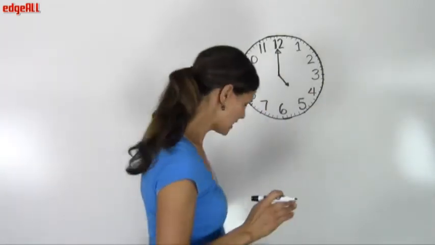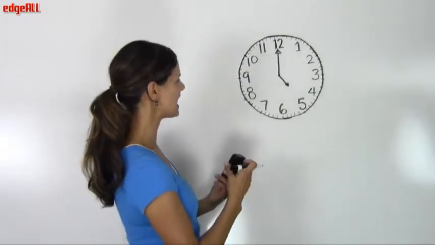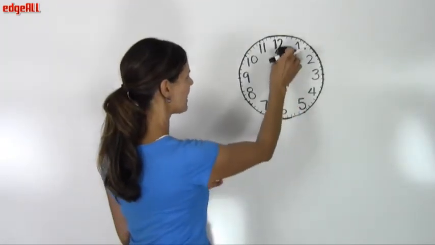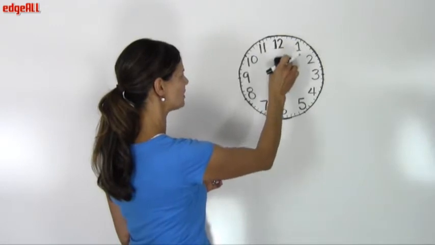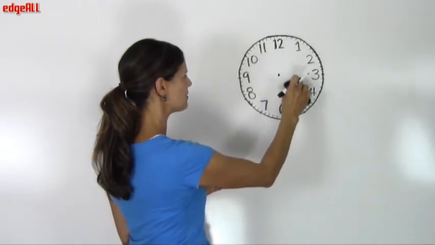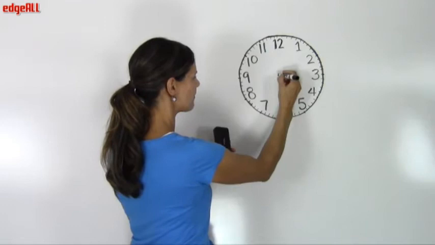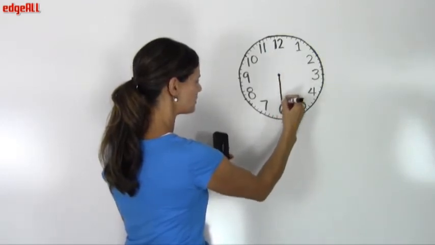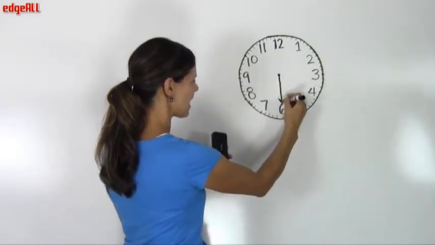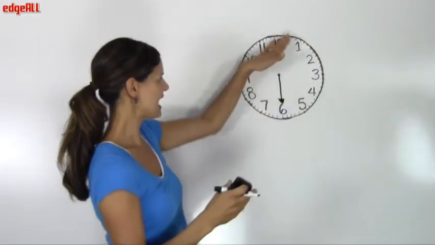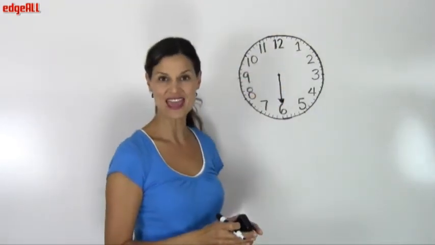And then halfway through the hour, at 30 minutes past the hour, the minute hand will point straight down at the 6. So if it was 5:30, halfway through the 5 o'clock hour, the minute hand would be pointing straight down at the 6, indicating that it's gone halfway through the hour.